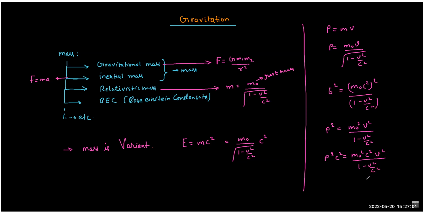So why we are doing this? Of course, we're trying to replace, or we can just replace these equations. So the p square we got is, let's write p square. P square is how much? m square v square upon 1 minus v square by c square, right?